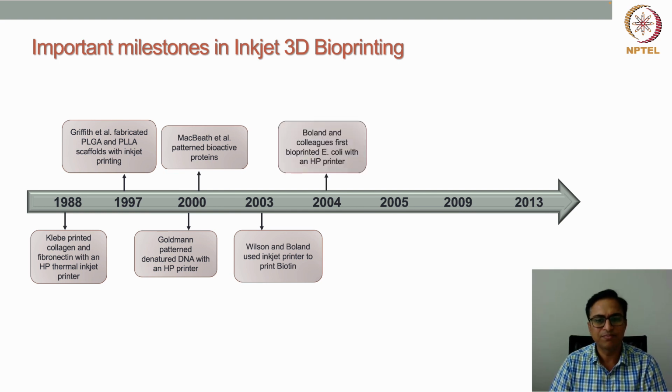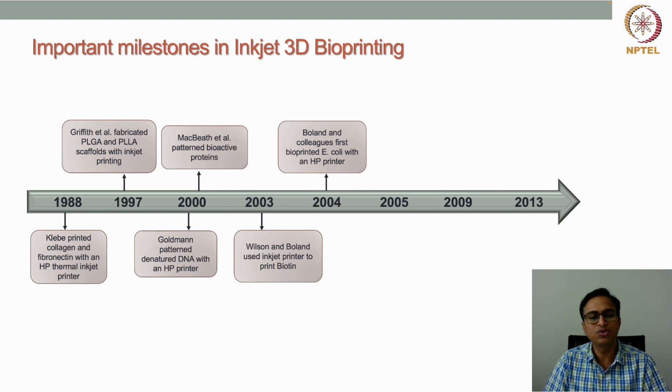Then, in the same year, Boland and his colleagues first attempted to print a living organism through an inkjet printer. They modified an HP inkjet printer to suit the printing of living organisms. In this case, they used the E. coli organism.